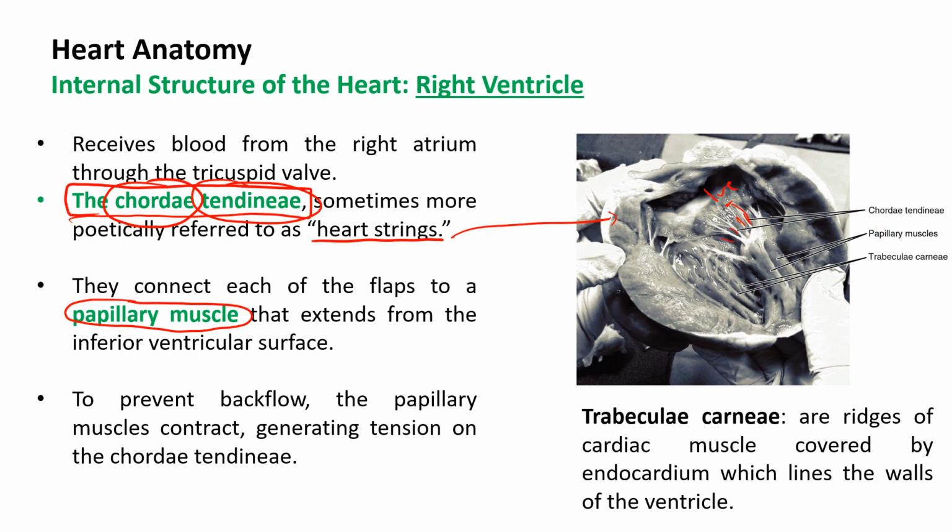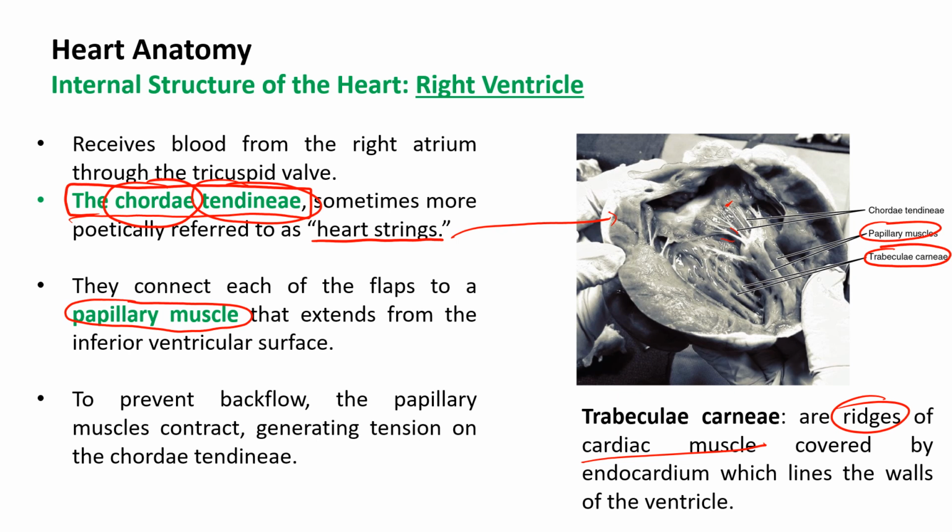Now, notice that the papillary muscles and the trabecula carneae, which is the ridges of the cardiac muscle, look very similar. So how are you going to distinguish the difference between them in an exam?